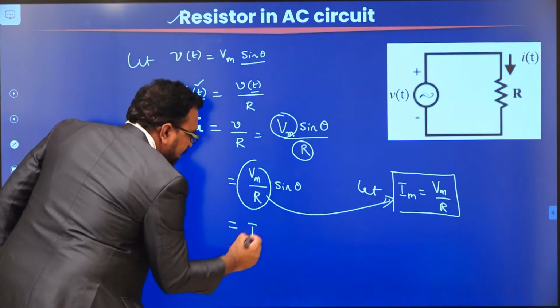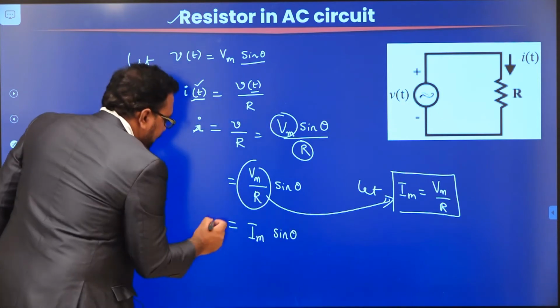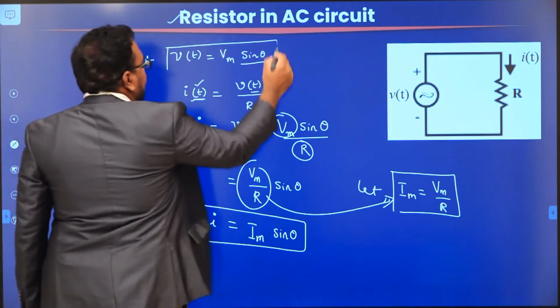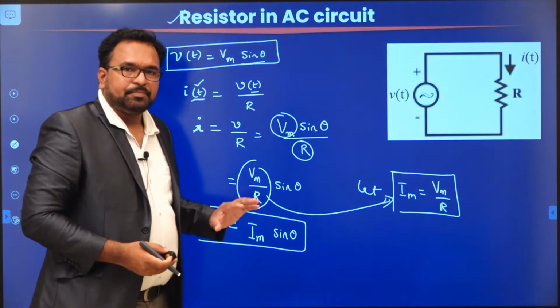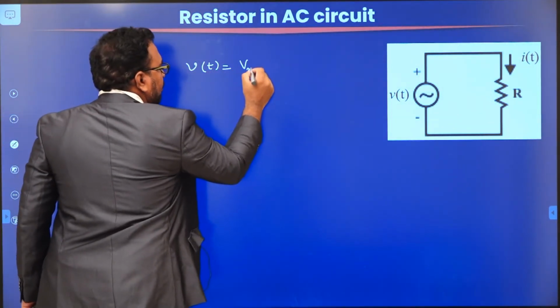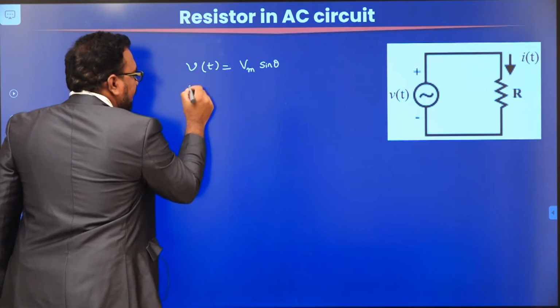Then what is the expression finally? Im sin theta. So I is equal to Im sin theta. For a voltage Vm sin theta, we are going to get the current as Im sin theta. So when we apply a voltage V of t equal to Vm sin theta, we get a current I of t equal to Im sin theta.